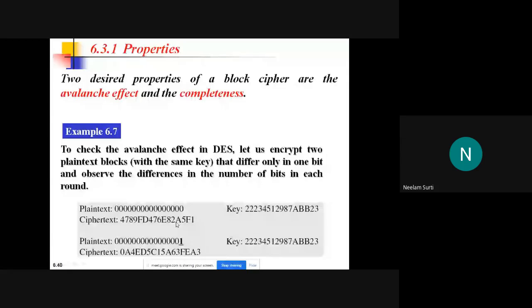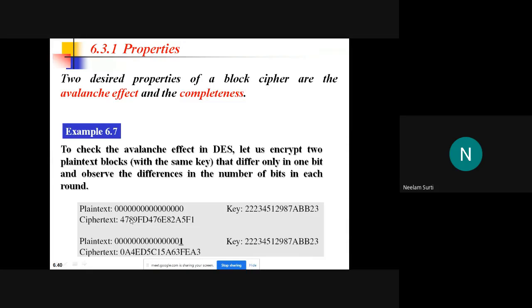What is the meaning of the avalanche effect? See this: I am using a plain text which is all 0, and a plain text which is only 1. If the same key is applied on these plain texts with the DES algorithm, you can see the difference between the ciphertexts.